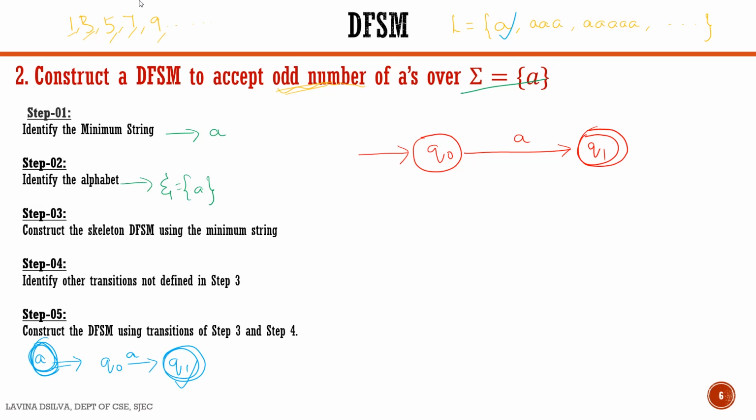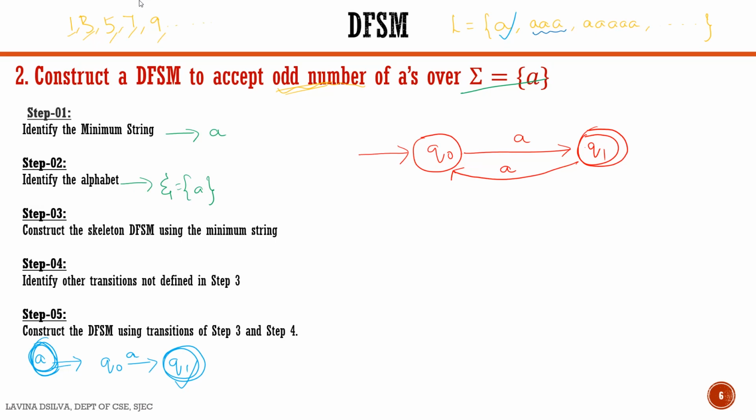Next we'll see this input, that is 3 A's. Now in the case of 3 A's, what do we have to do? When it saw the first A, it came to Q1 state. What about when it sees a second A? When in Q1 state, if you see a second A, then you have to go back to Q0 state. And for the third A, you traverse from Q0 state to Q1 state.